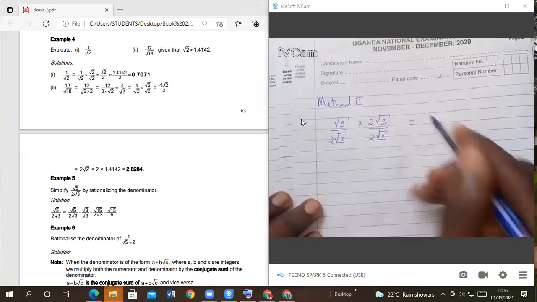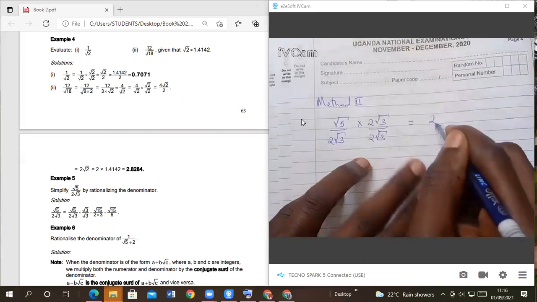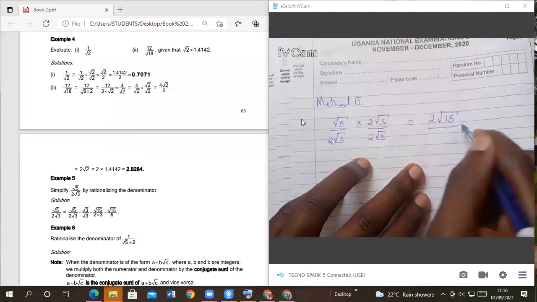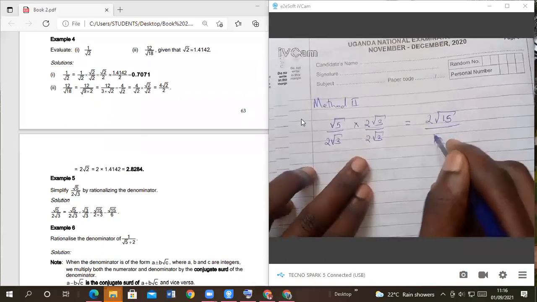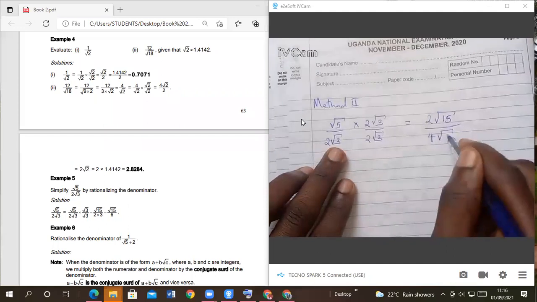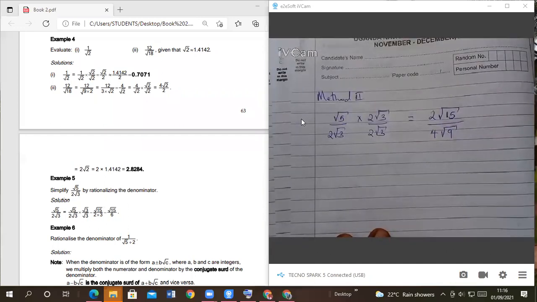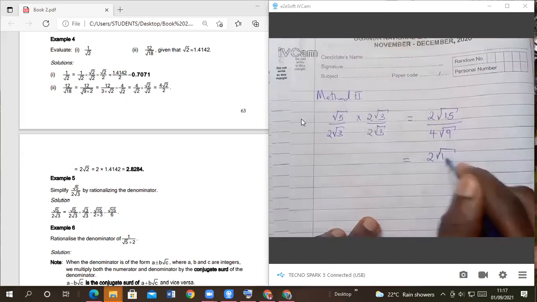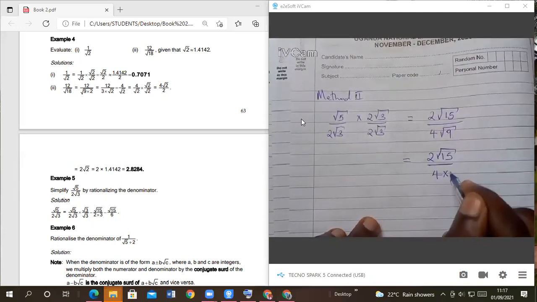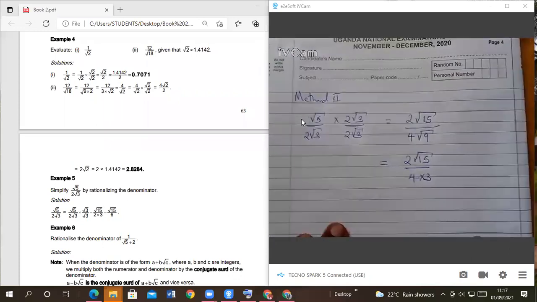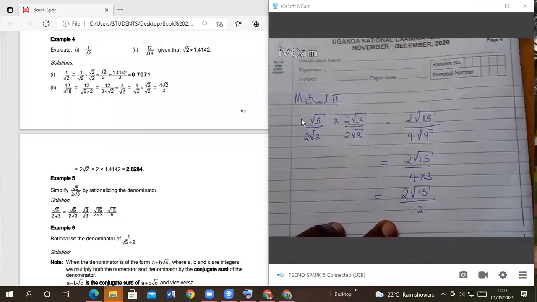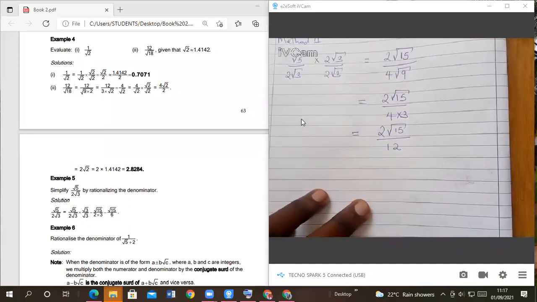Now this one will give us 2 root of 15 over 4 root of 9. 4 root of 9 gives 4 times 3, so we have 2 root of 15 over 12. Dividing by 2, we get root of 15 over 6.